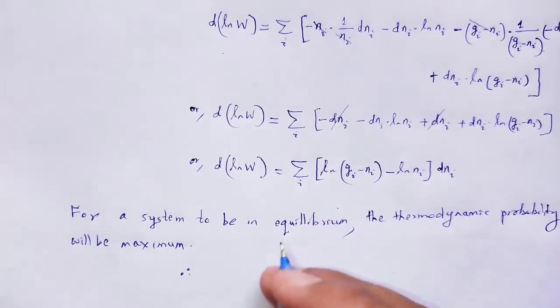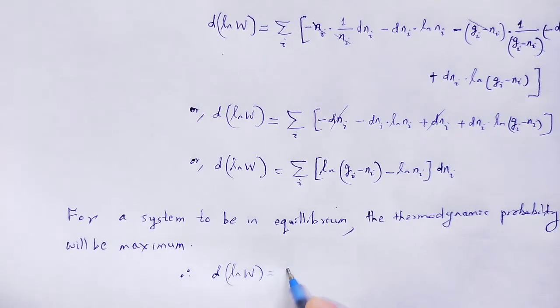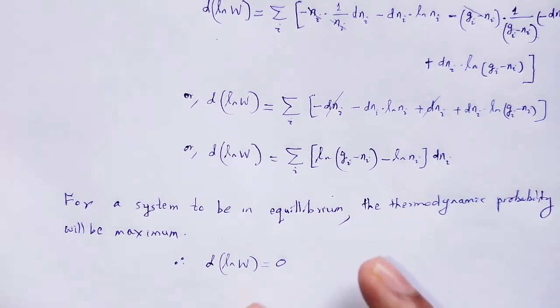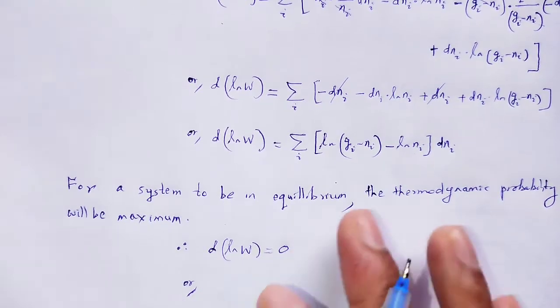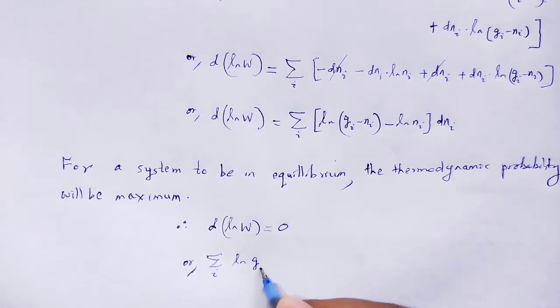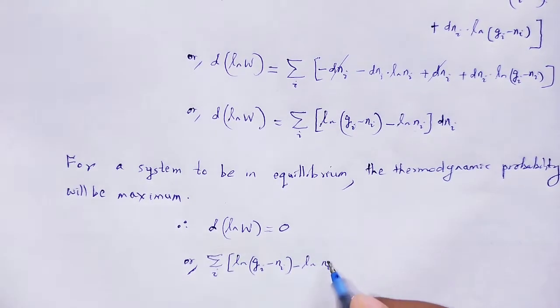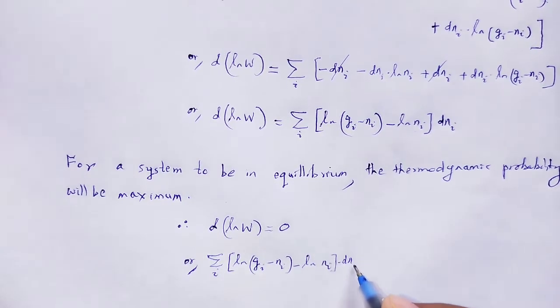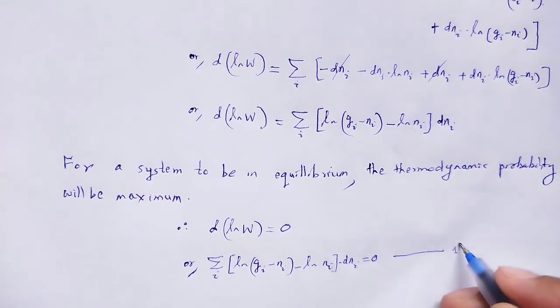Therefore, d ln W is 0. For maxima, its first order differentiation is 0. Therefore, summation over i of [ln (Gi minus Ni) minus ln Ni] dNi is equal to 0. That is equation number 1.